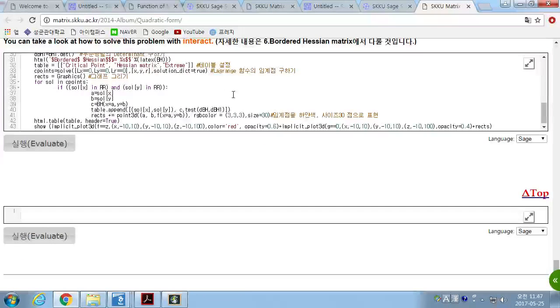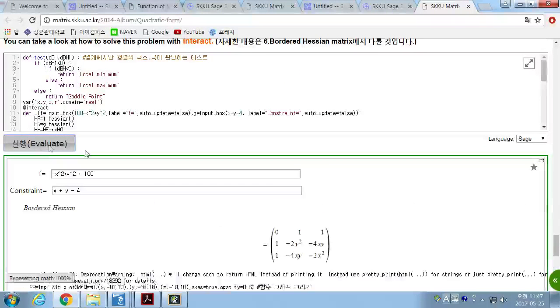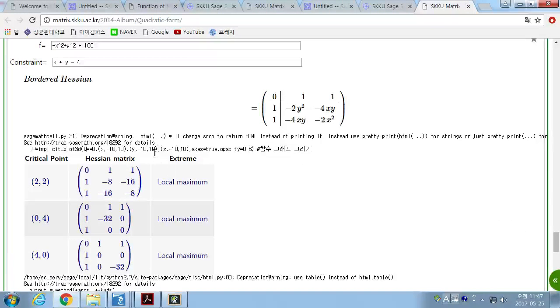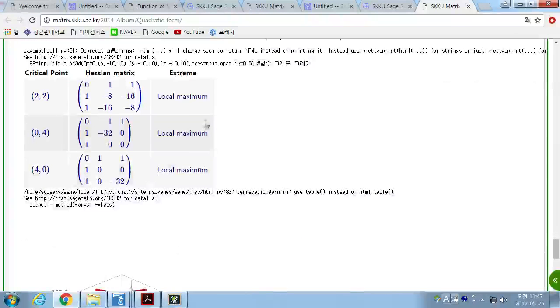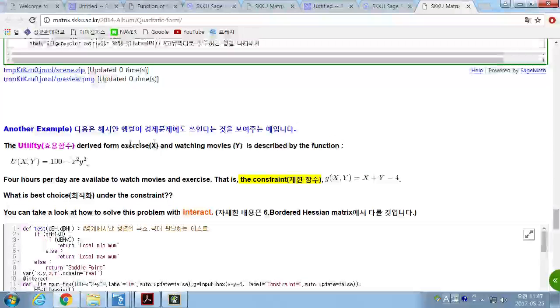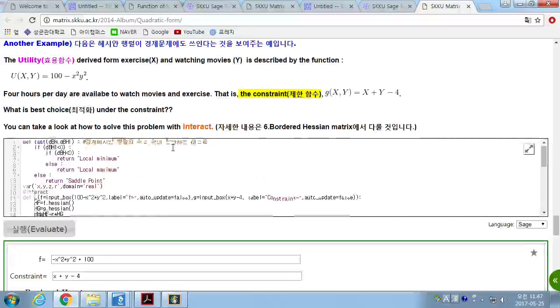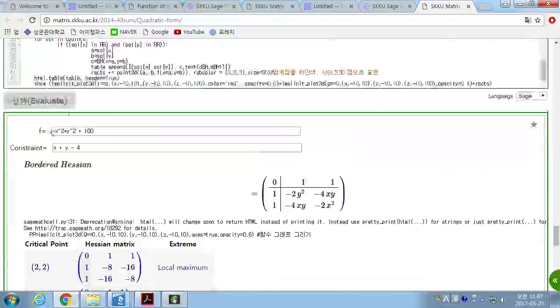And this gives you the ones that you have learned in calculus, where it has a local maximum and local minimum and those things. And this also can be done in here by just giving anything you like to do.